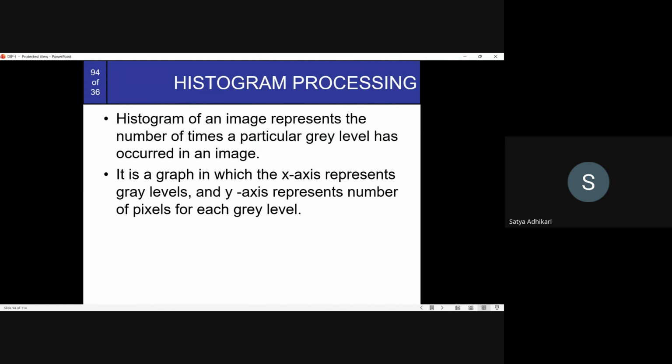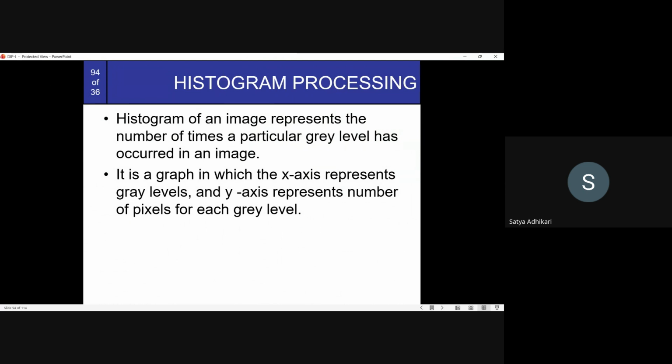Histogram processing is used for that purpose. It represents how many times a particular gray level has occurred in an image, that is, for gray level 100, how many times it occurs. So it is a graph in which the x-axis represents the gray level and the y-axis represents the number of pixels for each gray level value.